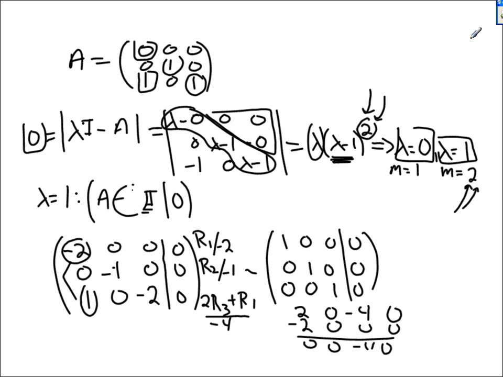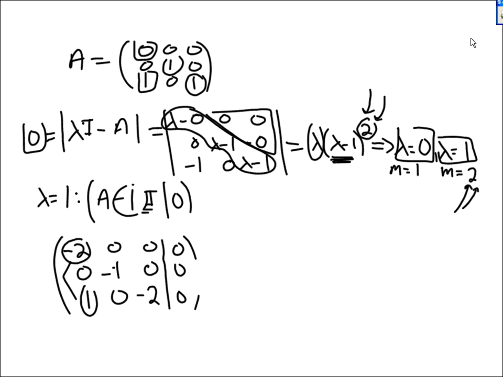That means I just take away 1 from the diagonals. Matrix A stays the same almost, except on the diagonals. So all my diagonal numbers are going to be wrong. I take away 1, I get negative 1, 0, 0.